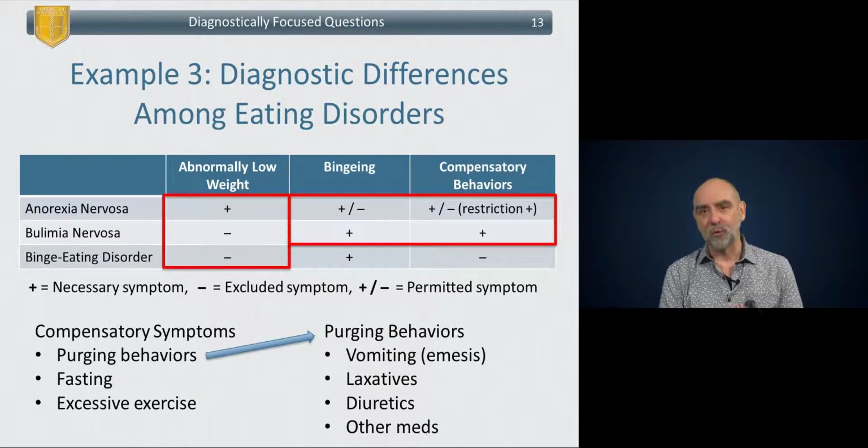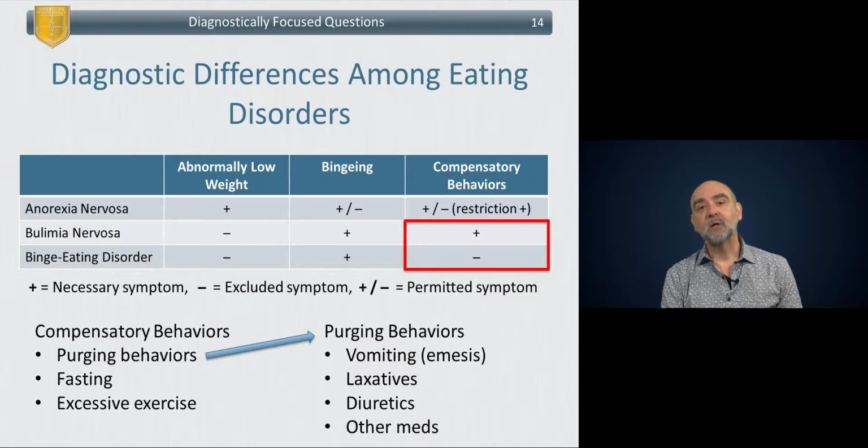To try to undo the binging. And that includes misuse of laxatives, of diuretics, and other medications such as thyroid medications like Synthroid, psychostimulants that can suppress appetite and lead to weight loss. So those are compensatory behaviors. Again, their presence does not distinguish anorexia from bulimia.